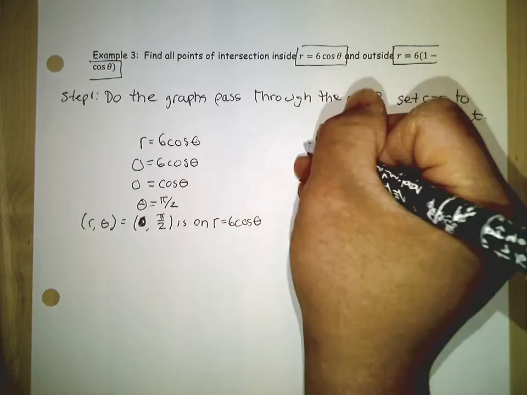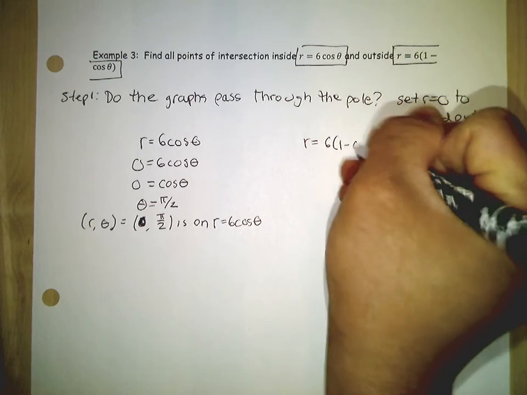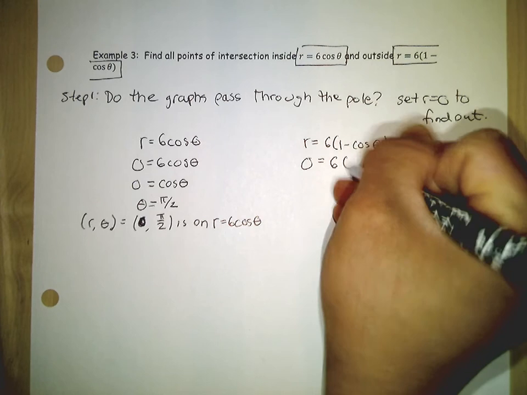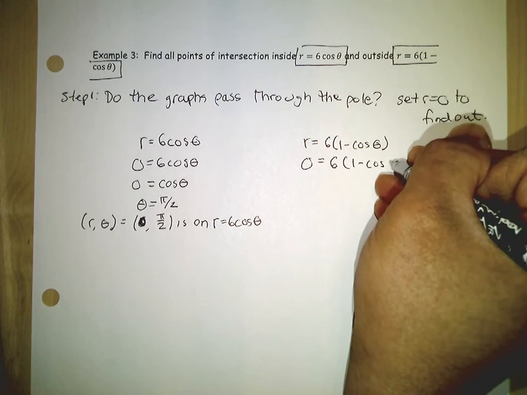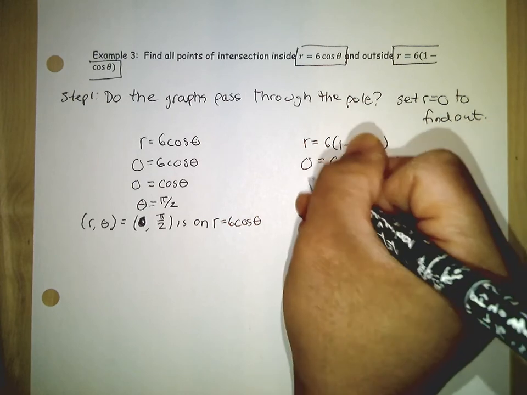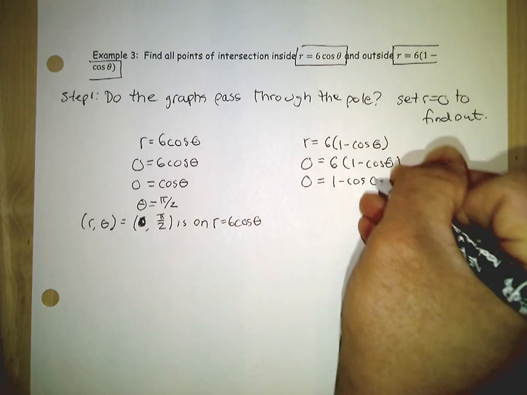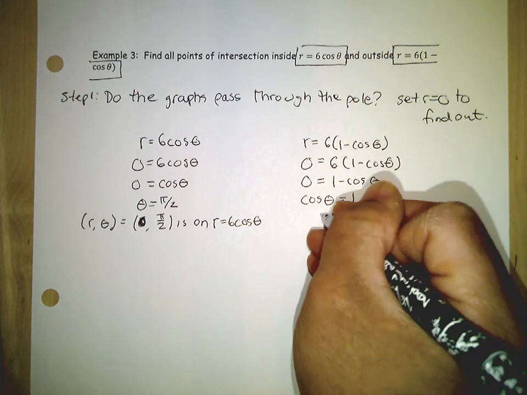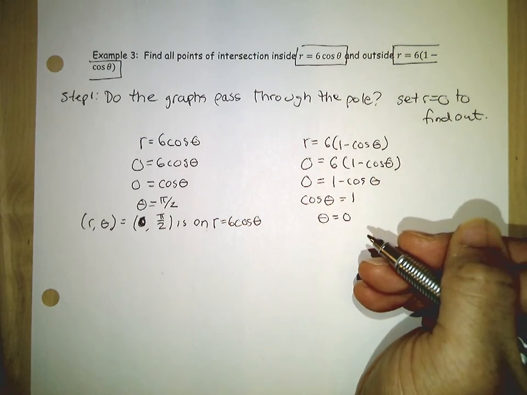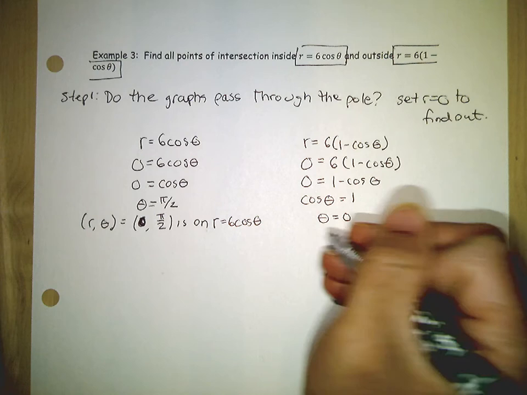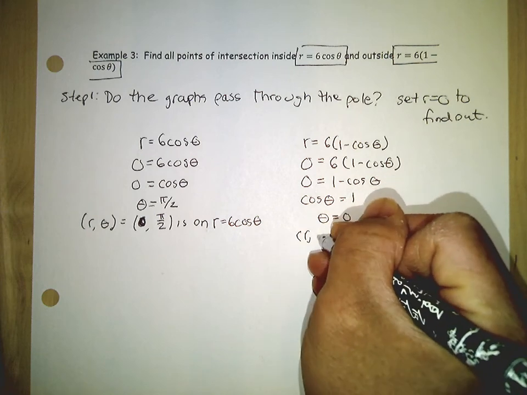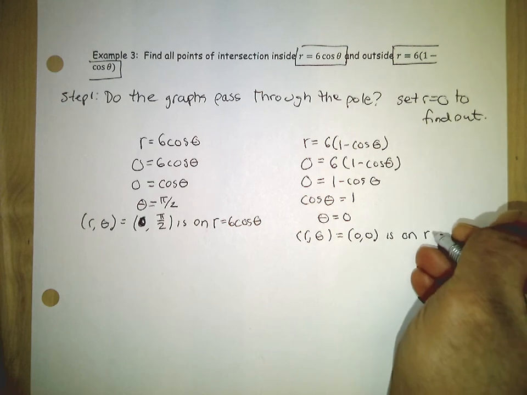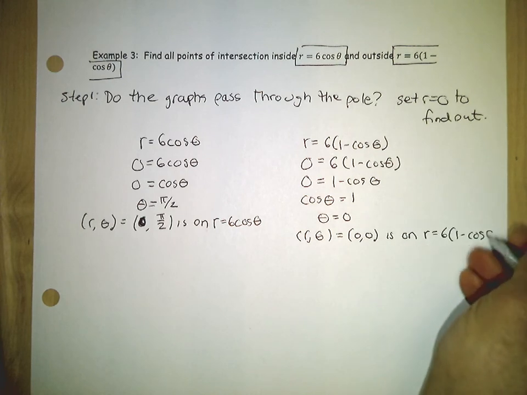Now, I know that r equals 6 times (1 minus cosine of theta). So 0 is 6 times (1 minus cosine of theta). I'll divide by 6 to get 0 is 1 minus cosine of theta. Then I'll add cosine of theta, so cosine of theta is equal to 1, and theta would be 0. So what I know then is that (r, theta) equals (0, 0) is on r equals 6 times (1 minus cosine of theta).